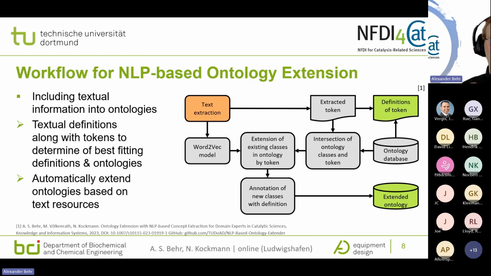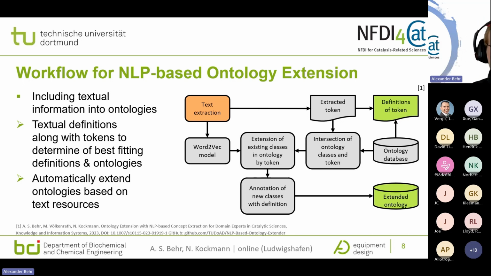So we used the tokens put out by our natural language processing tool and searched whether some classes already exist in existing ontologies or thesauri that have the same label, the same name or something like this. With this, we could already compile an intersection of the ontology classes and the respective tokens out of the text.